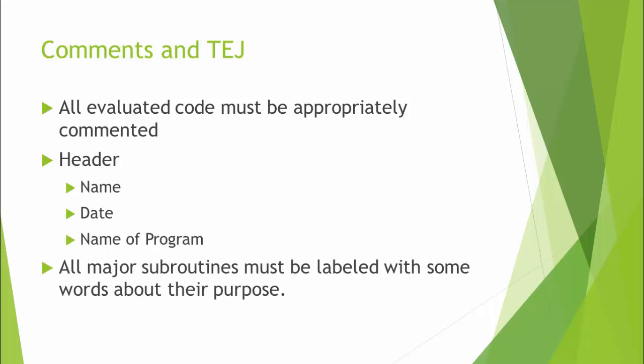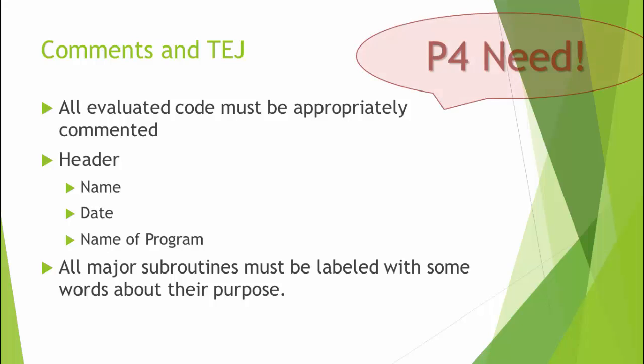And each major subroutine should also be labeled with some words about their purpose and potentially some kinds of inputs and outputs that might be used with them. If you want to get the highest possible marks, you must do good commenting. This is the communication portion of this, and this is common across all courses in programming.